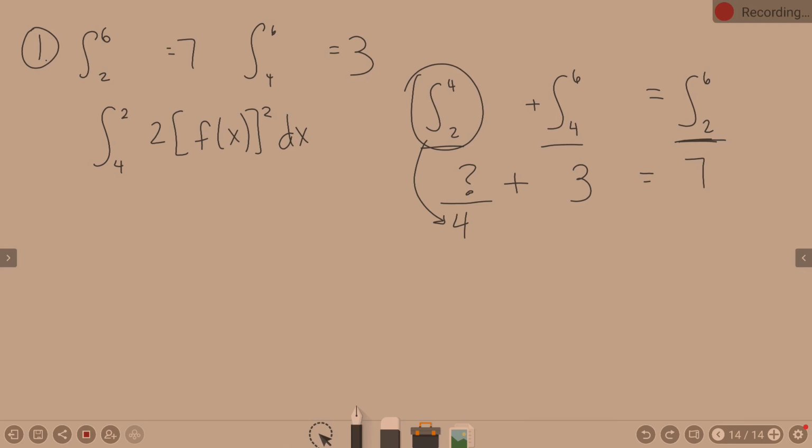Now, our integral isn't 2 to 4 though. Our integral is 4 to 2. And so I guess I have it written out in fancier notation there. But I don't know an integral from 2 to 4, do I?